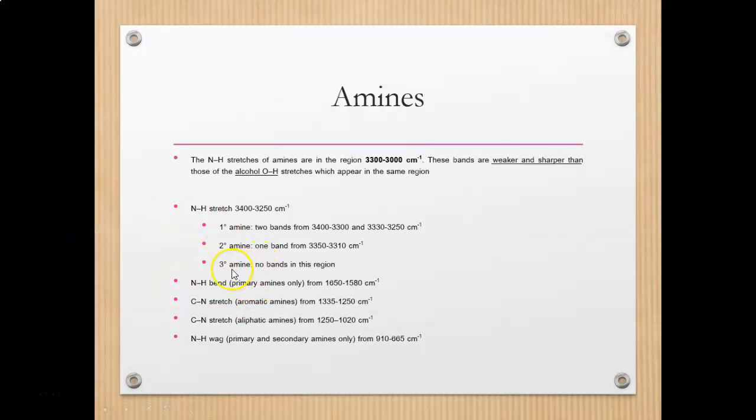Because in the tertiary amine it has no band in this region, so we just focus on the primary and secondary amine. So for primary amine, it has two hydrogen, which lies 3,300 to 3,200. For secondary amine, it lies between 3,300 to 3,310. So we also have the NH band, CN. So dia punya number tak sama. Okay.